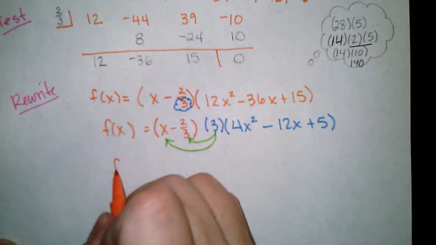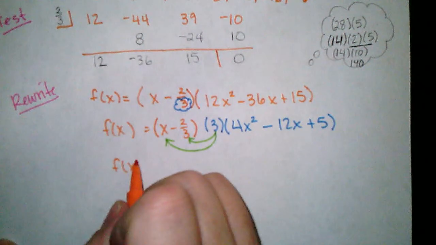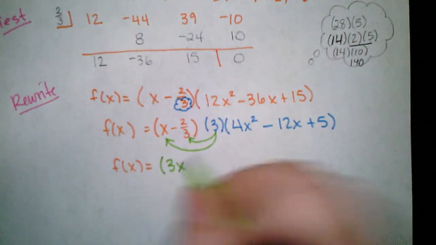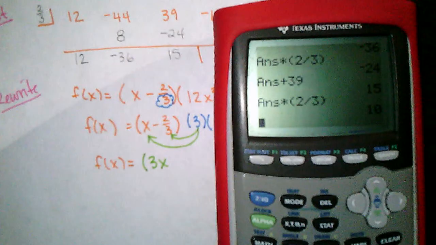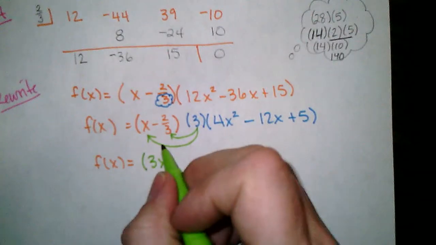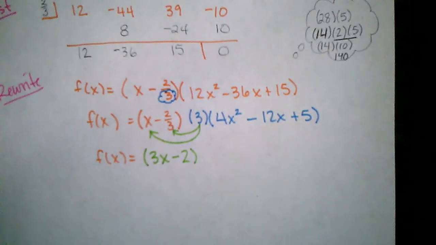So now I'm going to have f of x equals, I take 3 times x, which is 3x, and then 3 times negative 2/3, which gives me negative 2, which is a nice number. So it's going to be 3x minus 2.